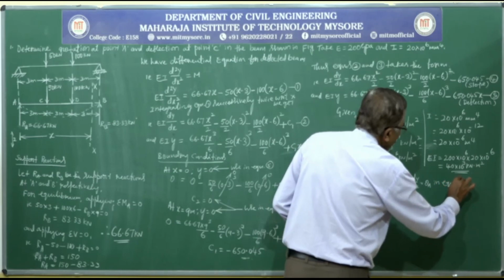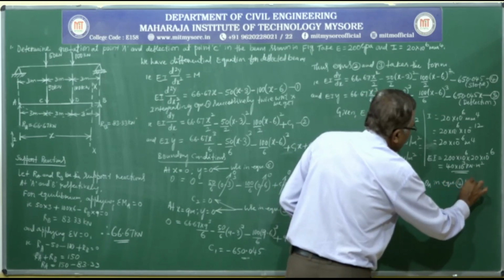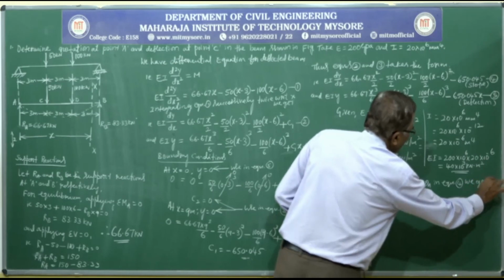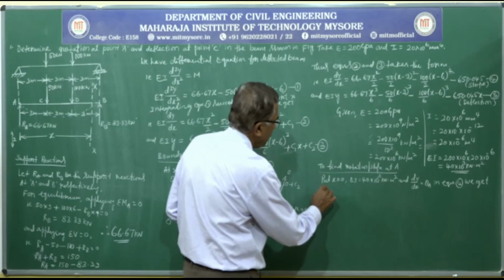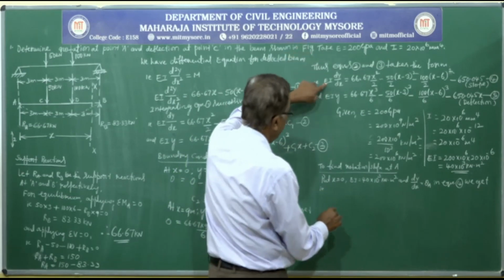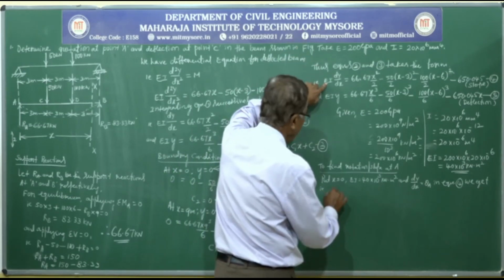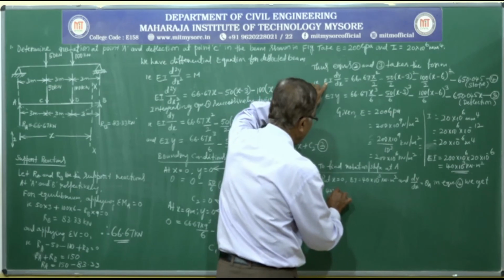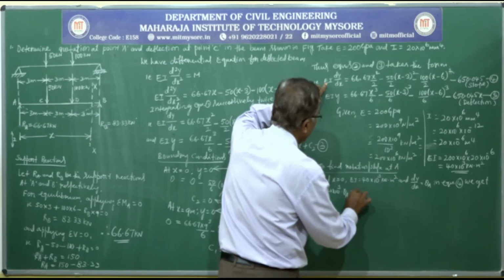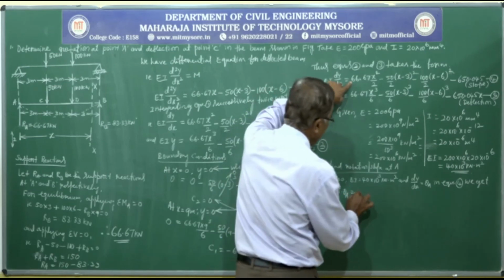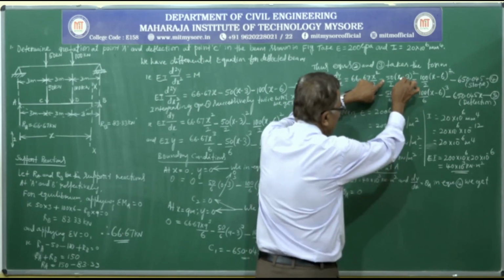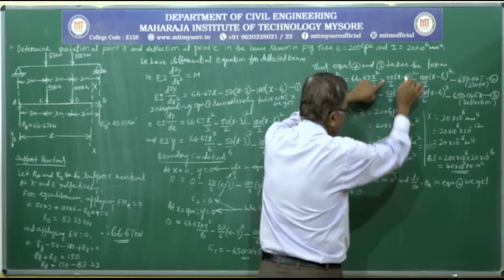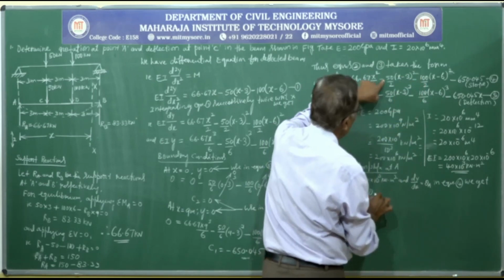In equation 4 we get 40 into 10 power 3 into theta A, that is equal to x is equal to 0, means 0. Here if you substitute inside the bracket x is equal to 0 minus 3, that is also 0.